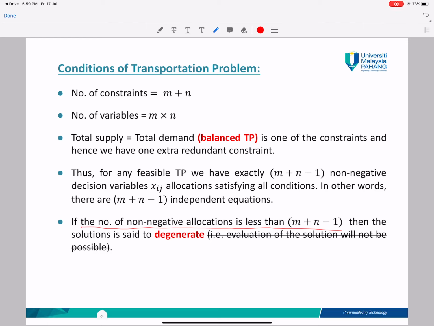So you kena faham lah, maksud degenerate ni maksudnya non-negative allocations is less than M plus N minus 1. Nanti dekat topik seterusnya kita akan dengar this definition, this term. Nanti kalau you tak faham, then you ucap, apa dia degenerate kan?